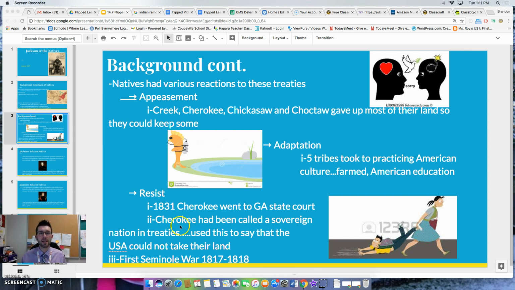Also, the Cherokee in treaties with America had been called a sovereign nation. So they used this to say that, hey, you can't just take our land. You view us as a sovereign nation. The Supreme Court, though, ruled against the tribes. So here you have three different things the natives did to try to keep their land, and all three really ended up not working.